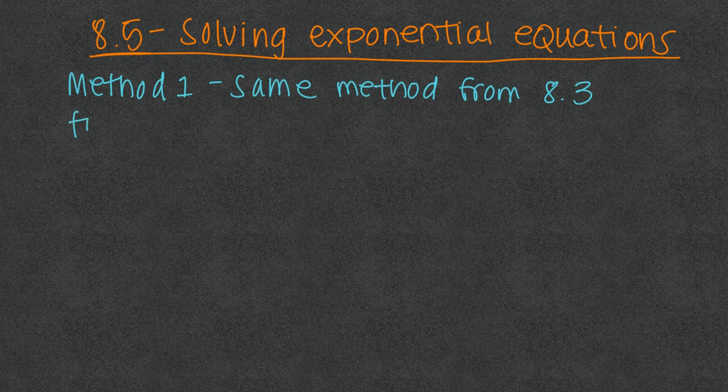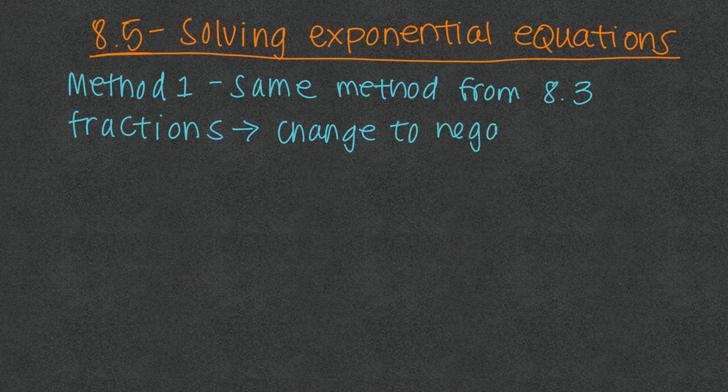If we had a fraction anywhere, we would change to negative exponents to get rid of the fraction. Okay, so fractions change to negative exponents. We did not do anything else with that.